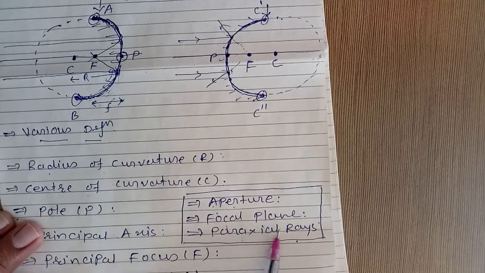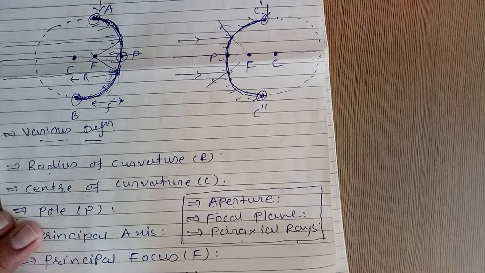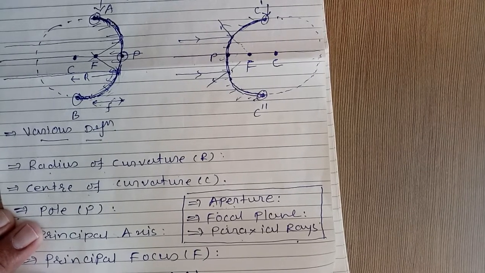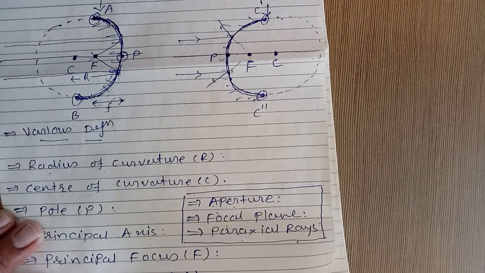Now what is focal plane? The focal plane is the plane passing through the principal focus and normal to the principal axis. I repeat, the focal plane is the plane passing through the principal focus and normal to the principal axis. Here in the figure, this is our principal focus and this is our principal axis. So we draw one plane which is passing through the principal focus and normal to the principal axis.